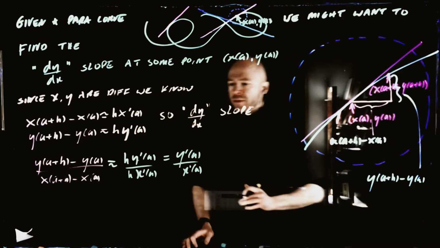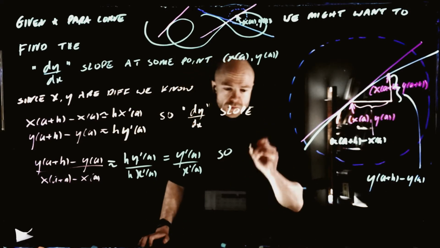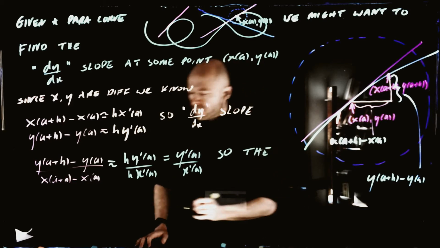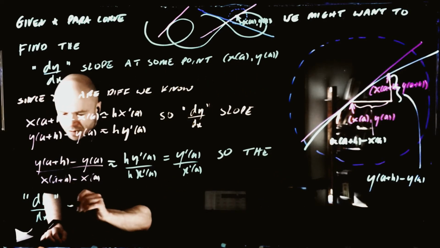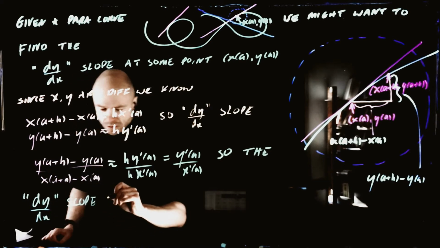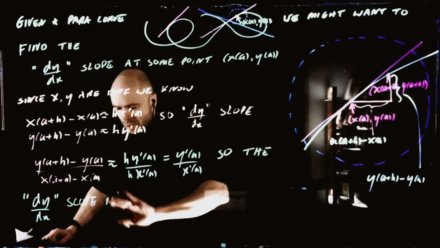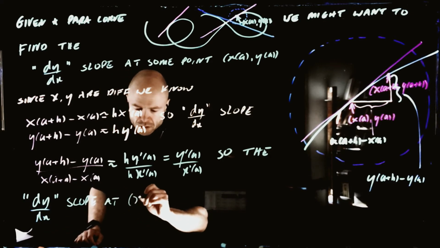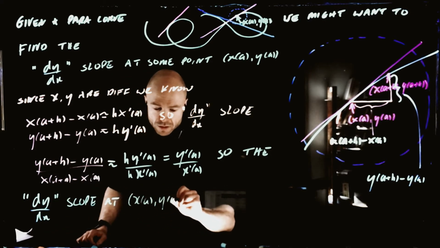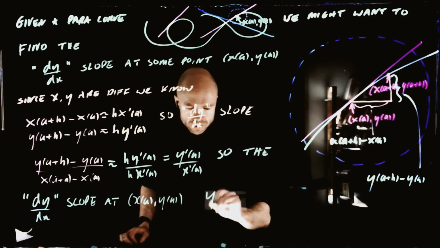Cool. All right, so the dy by dx slope at x of a, y of a is given by this thing.